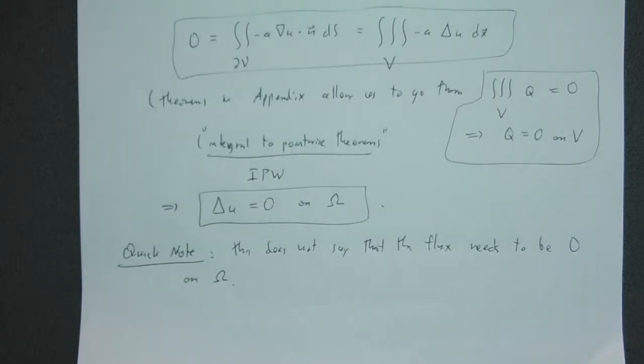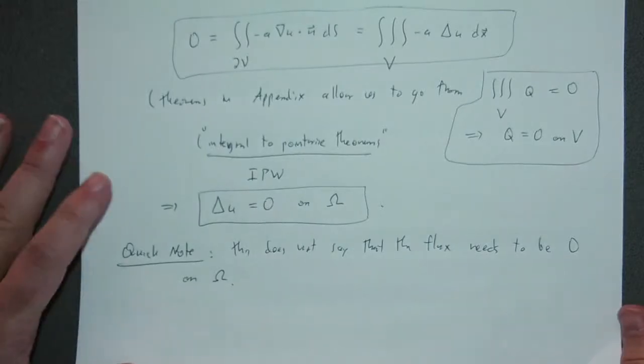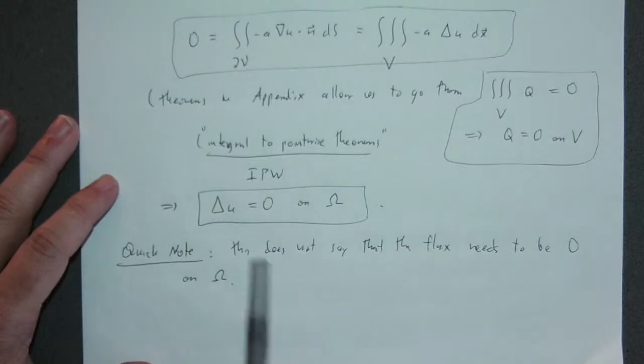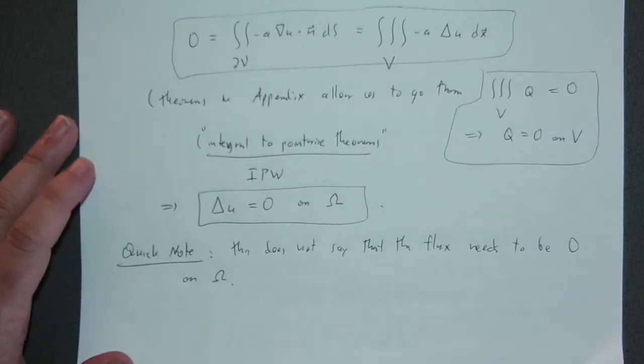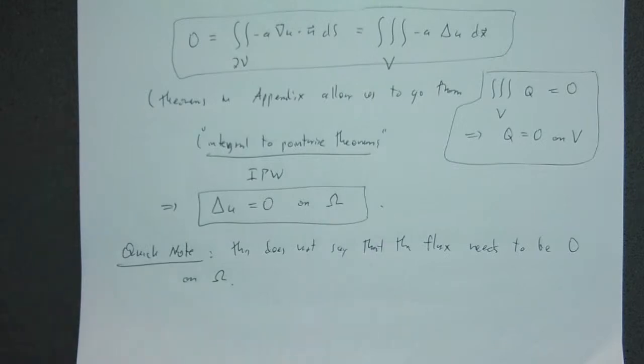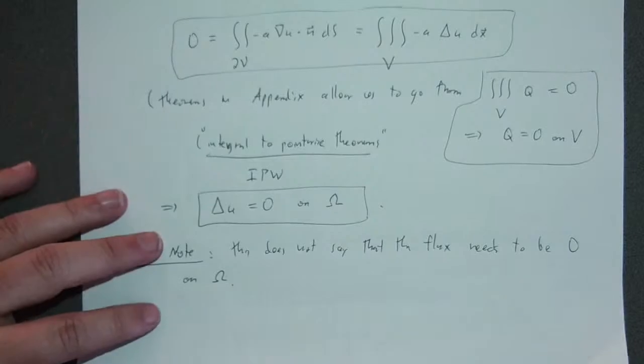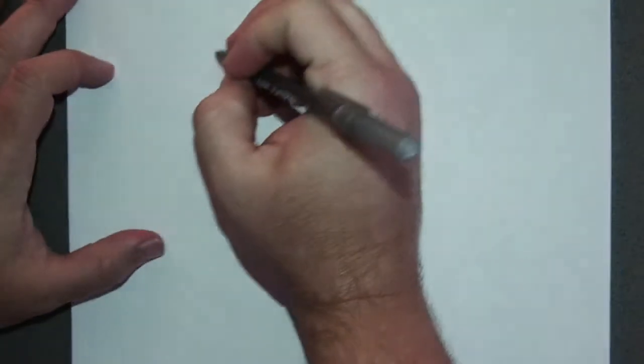But that's not what's going on here, right? It's that this is just very, very special. So the flux is not 0, it just works out in a way that there's this cancellation that happens. Okay.